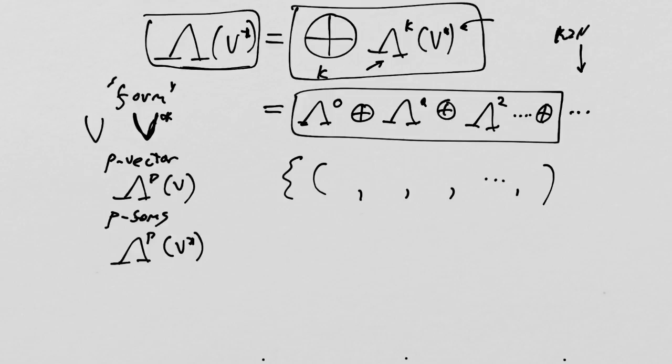It's the set of all multi-tuples where the first slot gets an element of sigma 0, so that'll be some real number A. The second slot gets an element of the first exterior power, which we might call alpha. The next slot gets an element of the second exterior power.